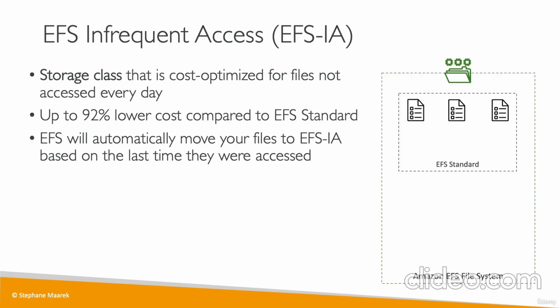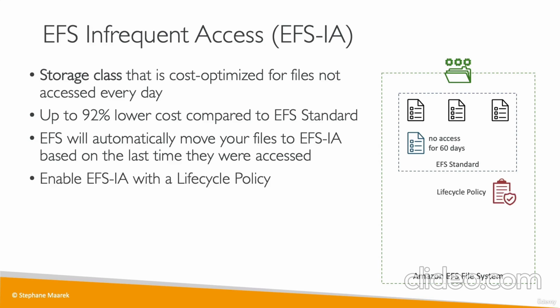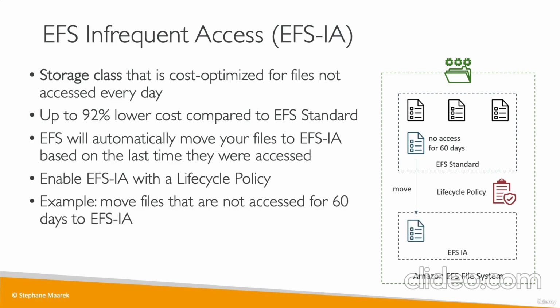So let's take an example. We have our EFS file system. We have 3 files in EFS Standard and maybe a 4th file in EFS Standard. This one hasn't been accessed for 60 days. That means that no one has read this file and no one has been writing to this file either, right? So if you define your lifecycle policy and you enable EFS IA, then for example, you can say, after 60 days, please move this file to a different storage class, which is called EFS IA, which is going to have some cost saving.